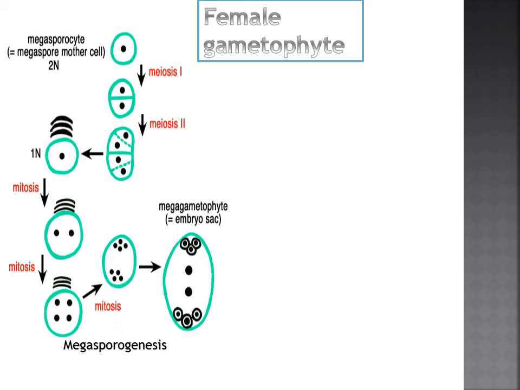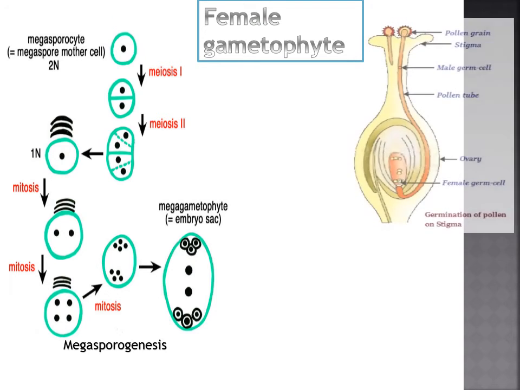Now in the embryo sac, 3 cells are present at the chalazal end. Those cells are known as antipodal cells. And 3 cells are arranged at the micropylar end. From those, 2 cells are known as synergid cells and 1 is egg cell. And at the center, 2 polar nuclei are present with central cell.